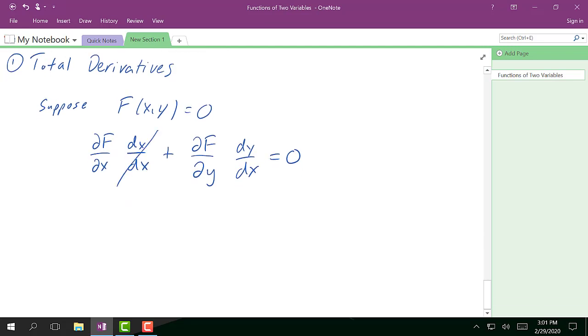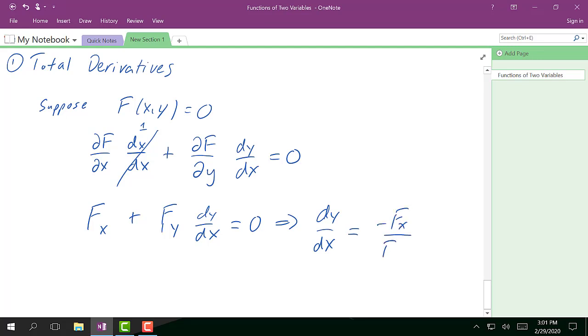This dx/dx, of course, is equal to 1, so we're not going to write it. And instead of writing the partial derivative of f with respect to x in this way, I'm going to write capital F sub x plus F sub y dy/dx equals 0, which implies that dy/dx is negative F sub x over F sub y.